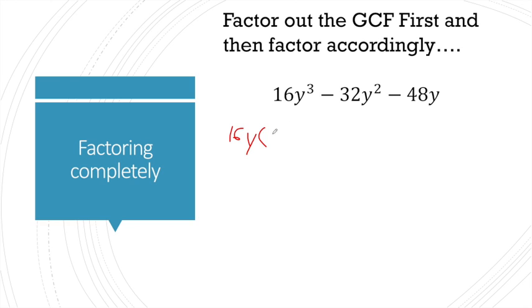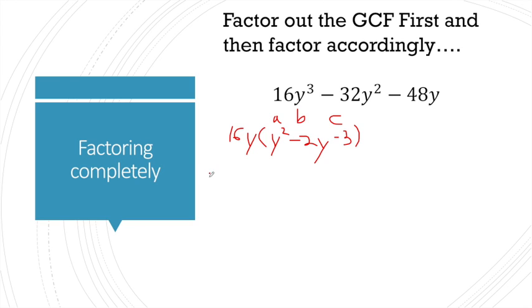That's going to leave me with y squared minus 2y minus 3. So now I can factor this remaining trinomial by finding the factors of AC that add up to B. And now we have that A is 1, B is -2, and C is -3.